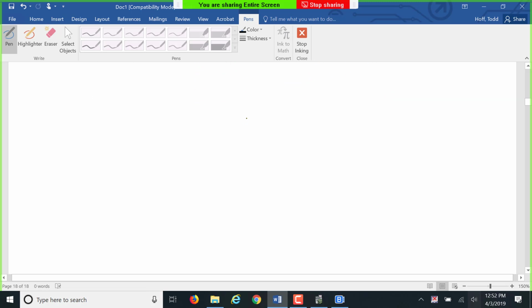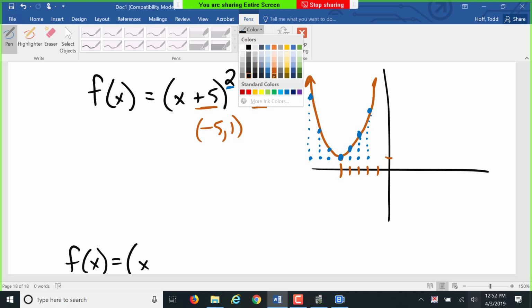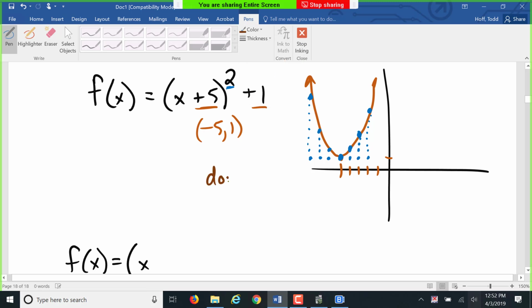So I want you guys in your notes to try to graph this. For that last one, the domain: would it have been negative infinity to infinity? Good question. The domain for this, you are absolutely correct, goes from negative infinity to positive infinity.